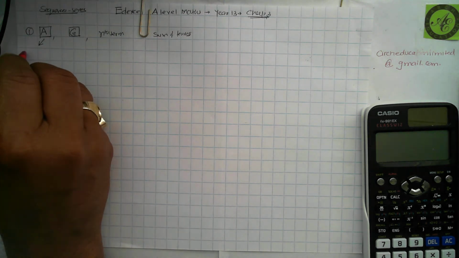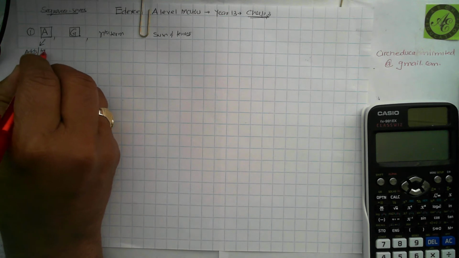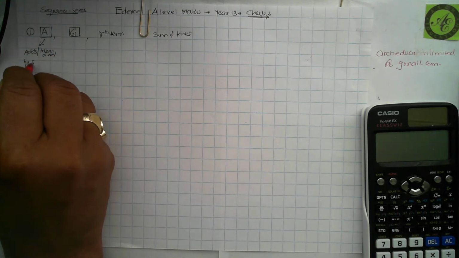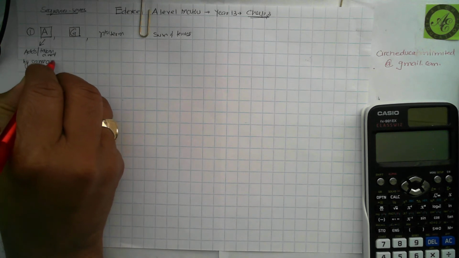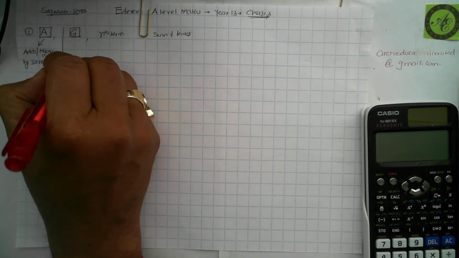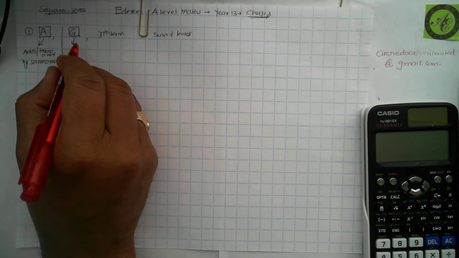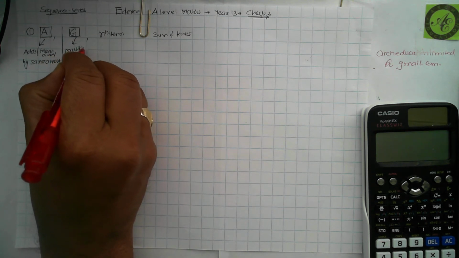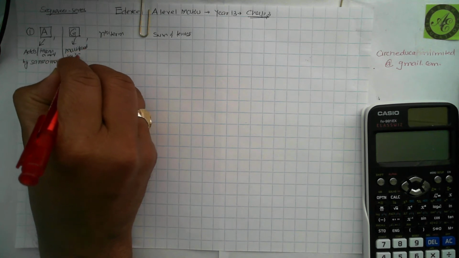Arithmetic is when each term adds or subtracts by the same amount. And a geometric series is when each next term is multiplied by the same amount.